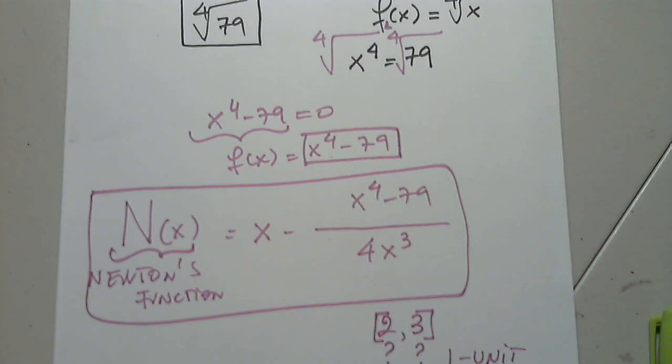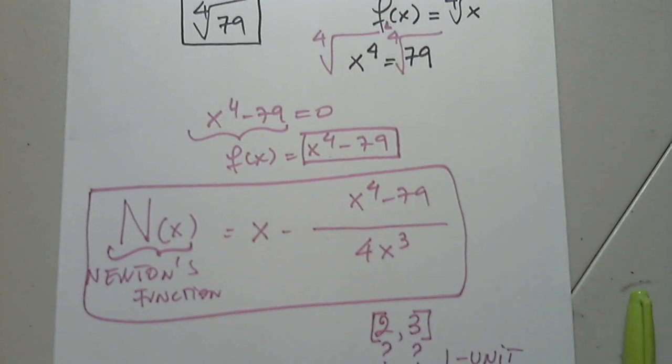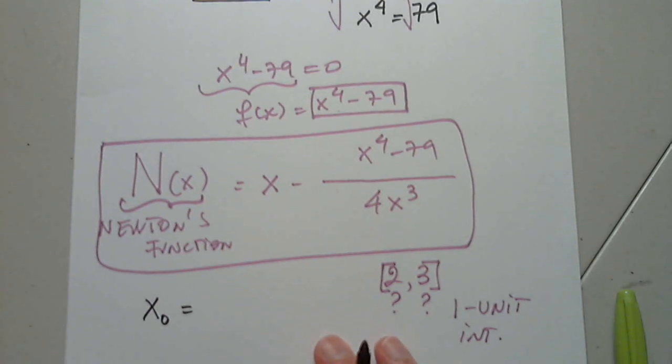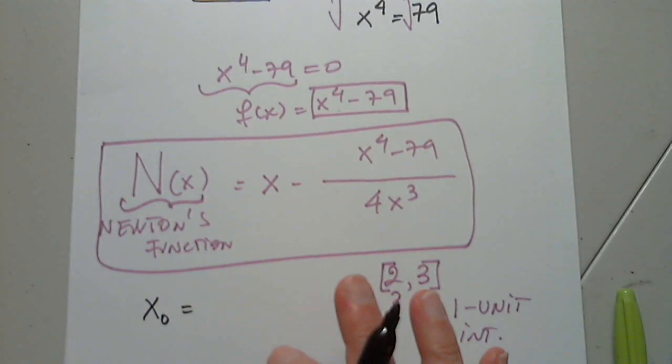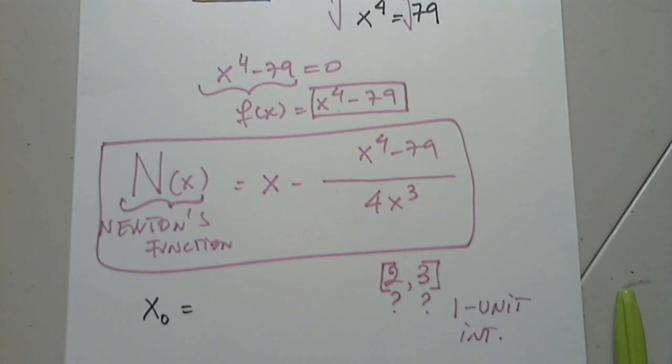And this is not cheating. I need to find the 1-unit interval because I need to identify my x0. The book considers this the first iteration. It's up to you. I accept both. I consider this the initial value.